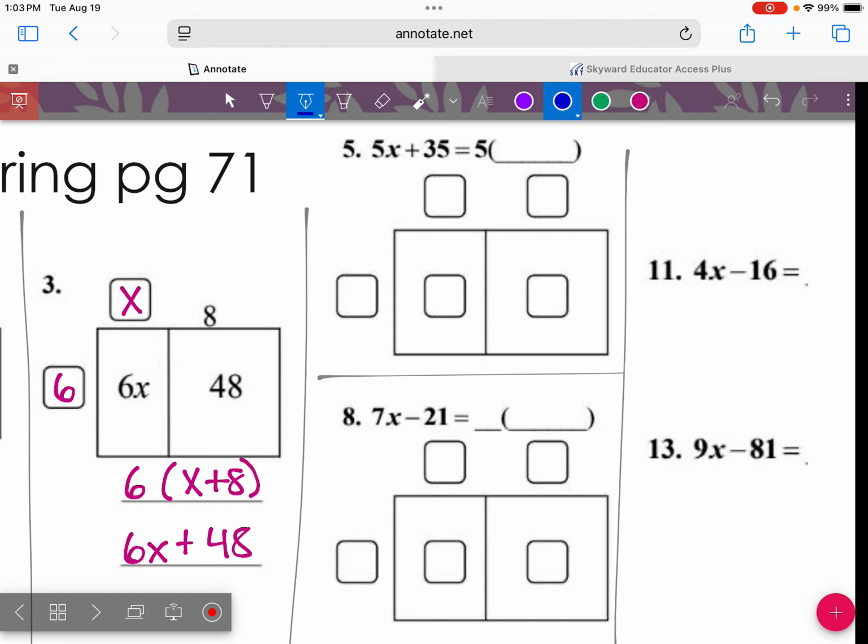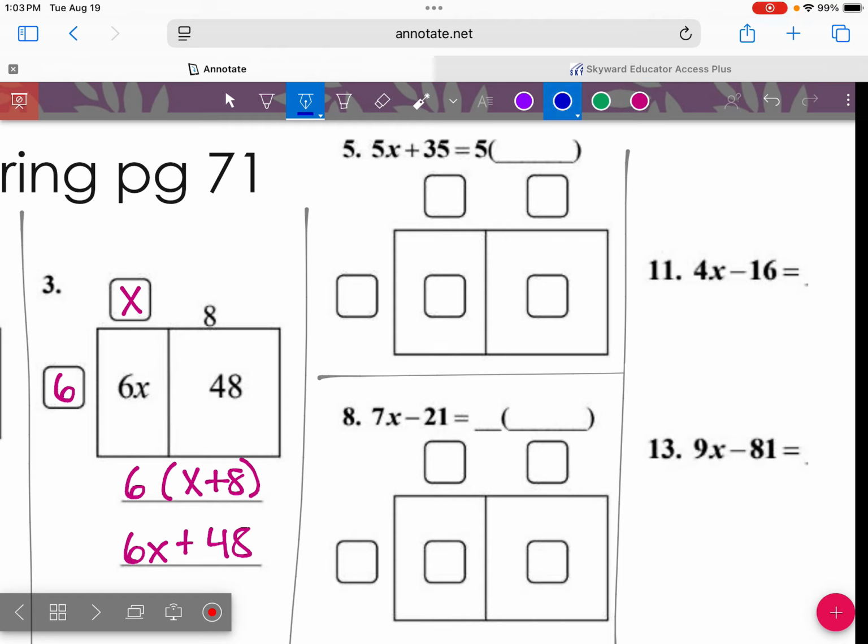What do they have as a factor in common? Can I divide 7 by 3 and have it not be a decimal? But I can divide 7 by 7. I can divide 21 by 7. So both of them are divisible by 7.